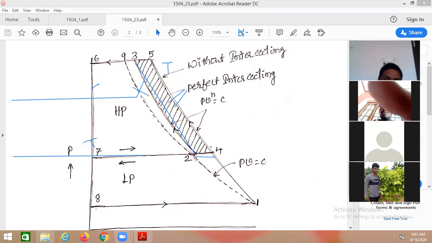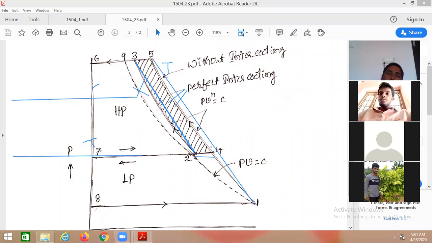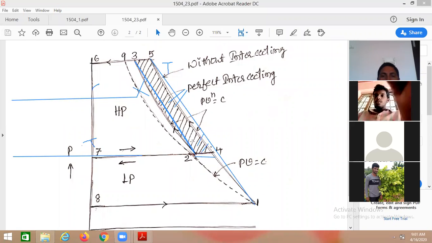Now from this state point, the next stage of compression begins, that is the second stage of compression. Suppose if this multi-stage is not there, in the single stage, continuously from here to here, the compression takes place at a stretch. Therefore, from single stage to multi-stage, there is a saving of work.